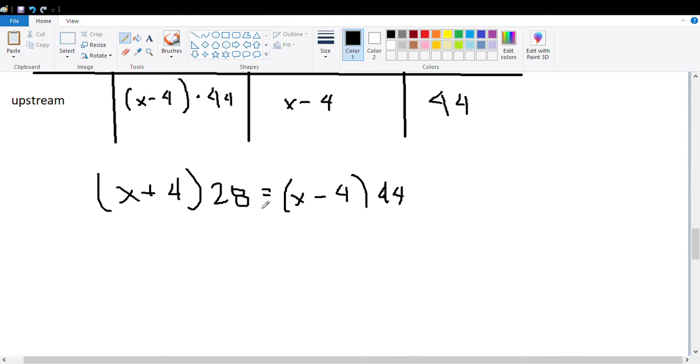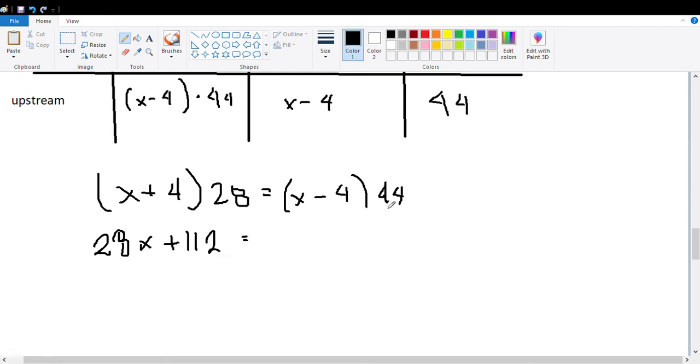So distribute 28, you're going to get 28 times x is 28x. And then 28 times 4 is 112.